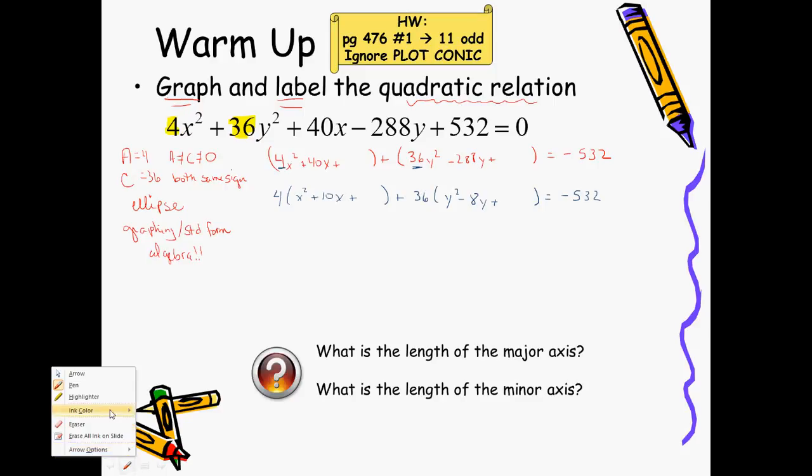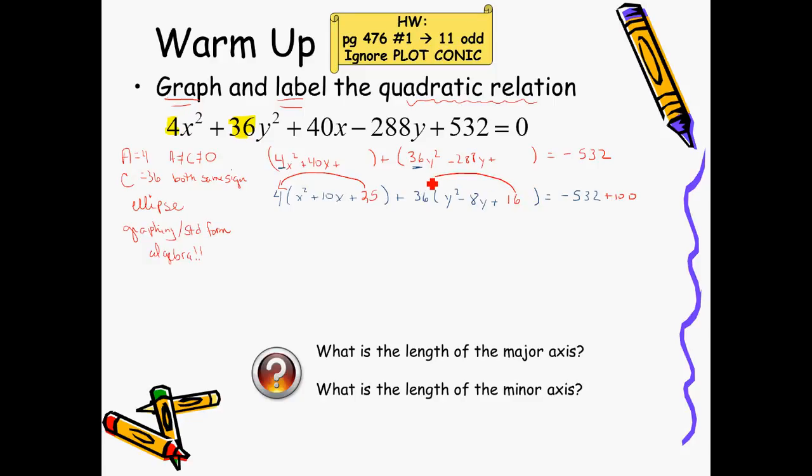You're going to complete the square. You're going to divide 10 by 2, get 5, square it. You're going to divide 8 by 2, get -4, and square it. But then you're going to multiply 25 times 4 and add it to the right side. You're going to multiply 16 times 36 and also add it to the right side.